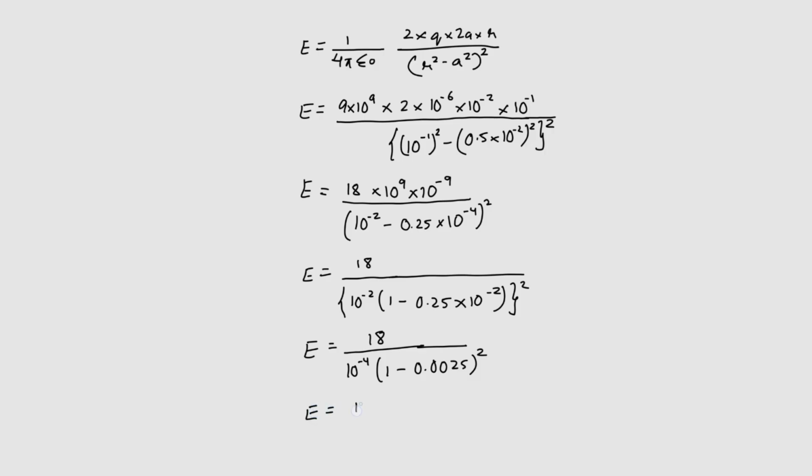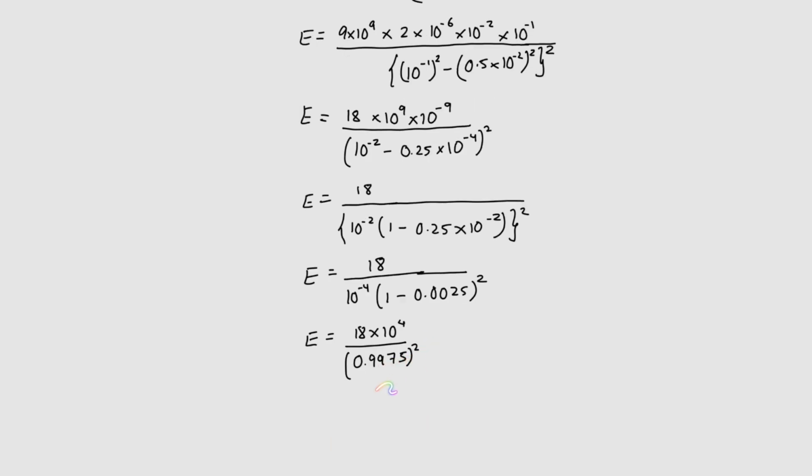Now E is equal to 18 into 10 to the power 4, since the 10 to the power minus 4 in the denominator becomes 10 to the power 4, and the value is 0.9975, whole thing square. This value is small, it is already 0.9975, so squaring it makes little difference.